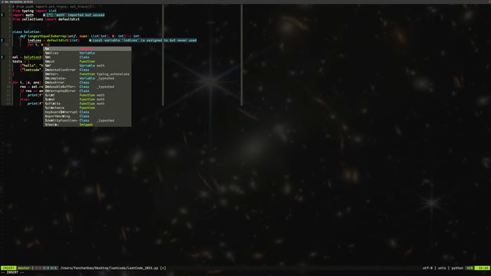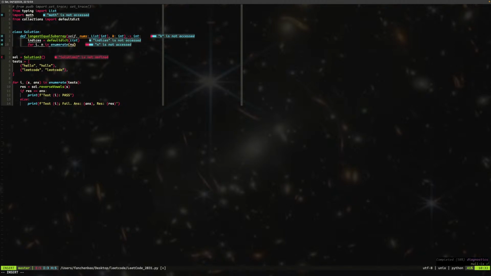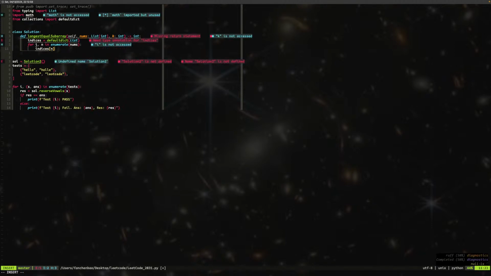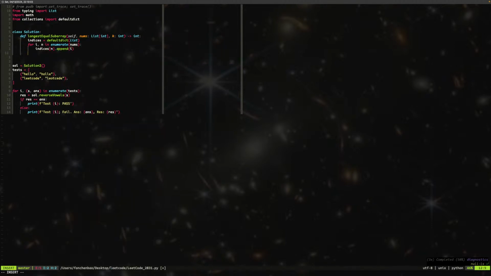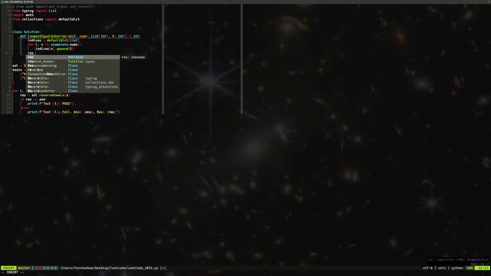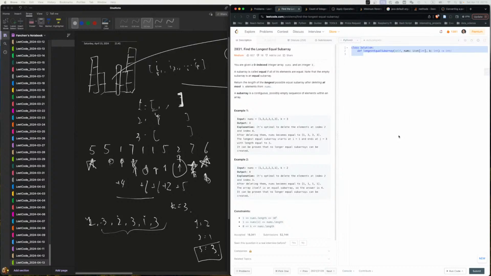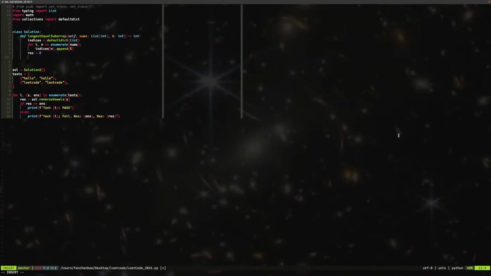For i, n in enumerate nums, indices[n].append(i). Okay. Then we say res equal to 0. We'll find the length. Yeah. And then we say for indices.